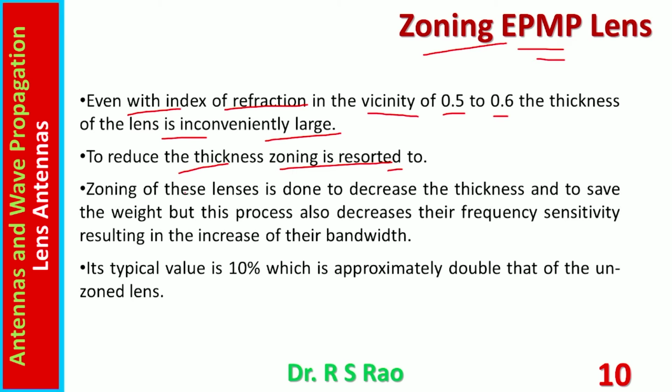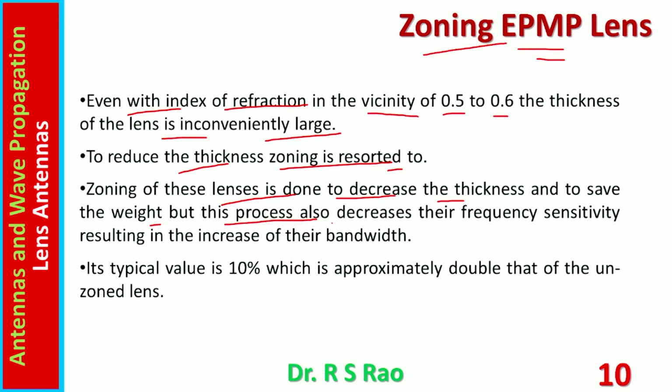So zoning is done on metal plate lenses for the same purpose for which zoning is done on dielectric lenses, to reduce the thickness and to save the weight.